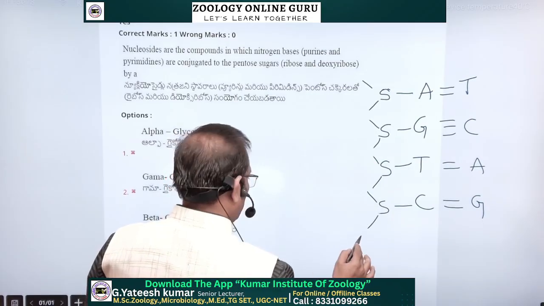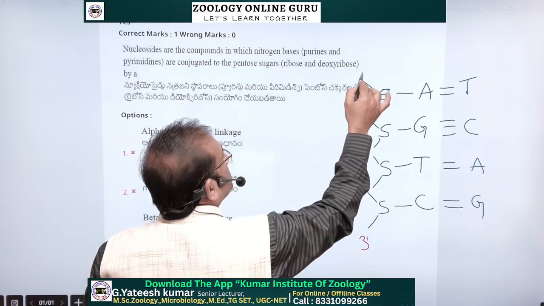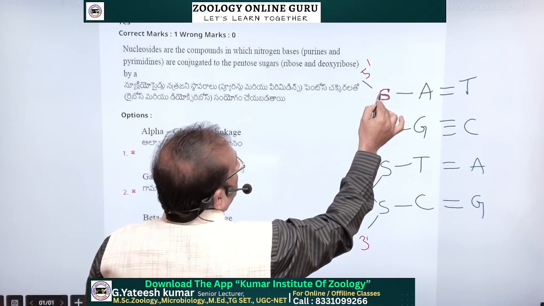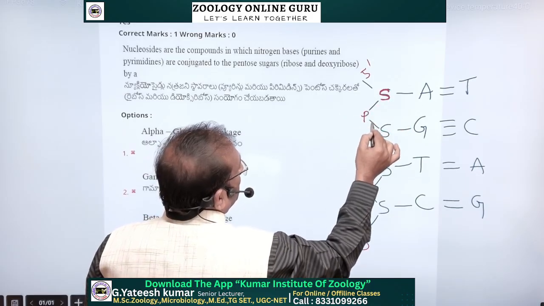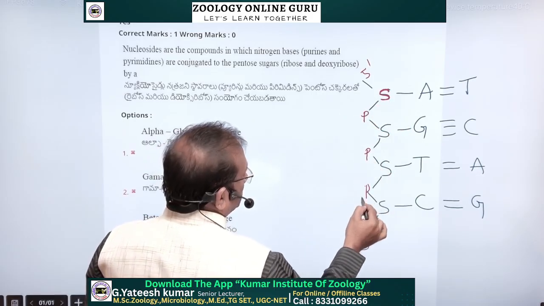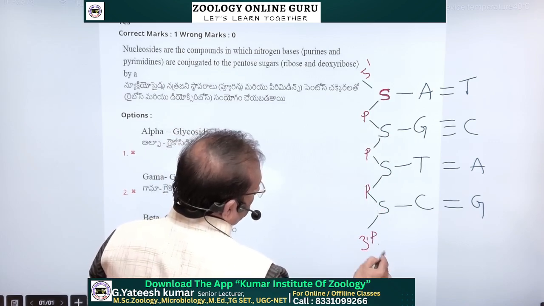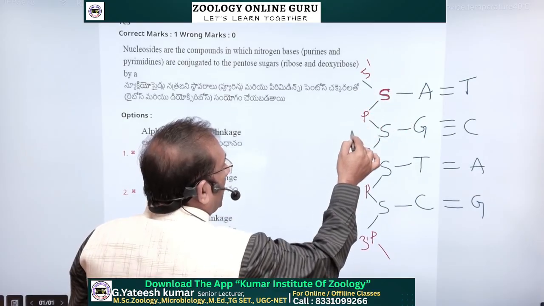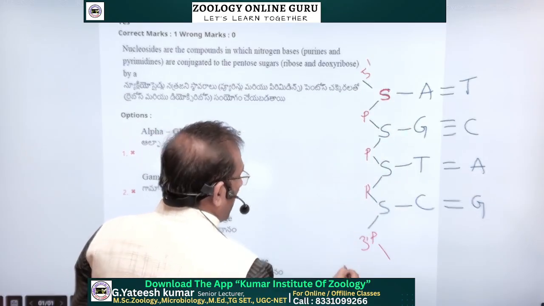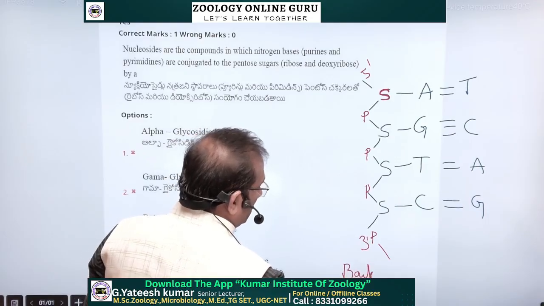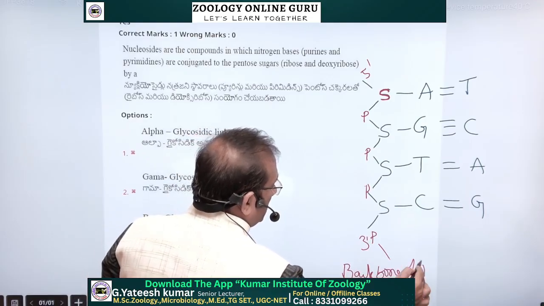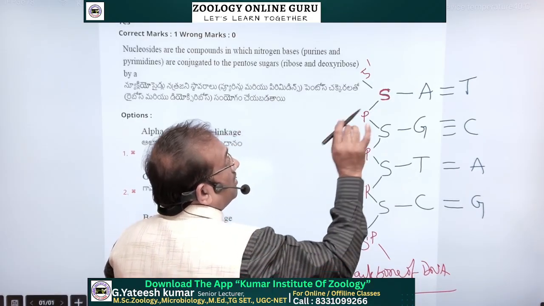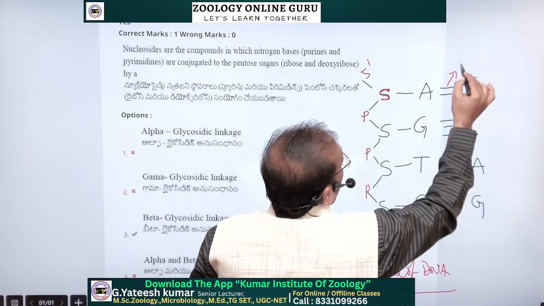So we try to understand the backbone: 3 prime, and the upper side is 5 prime, and this is the pentose sugar, and the pentose sugar is linked here with phosphorus, and here phosphorus like this. So this is called the backbone. Now pentose sugar and phosphate, this is known as the backbone of the DNA. In the backbone of DNA, we try to write the bond names. Here this is the hydrogen bond.